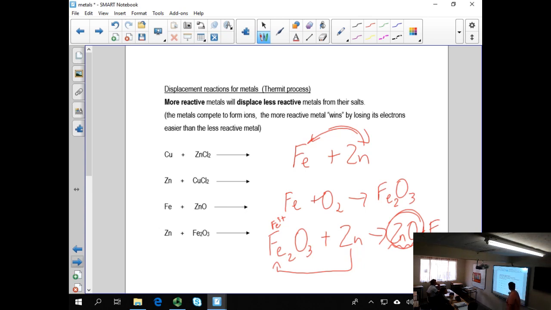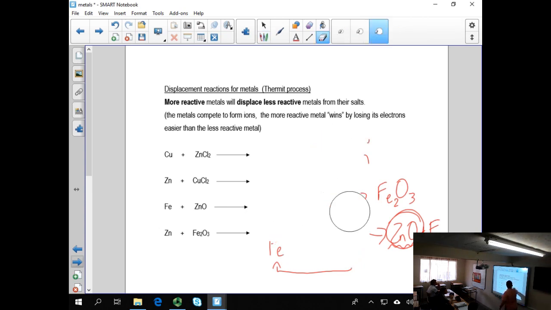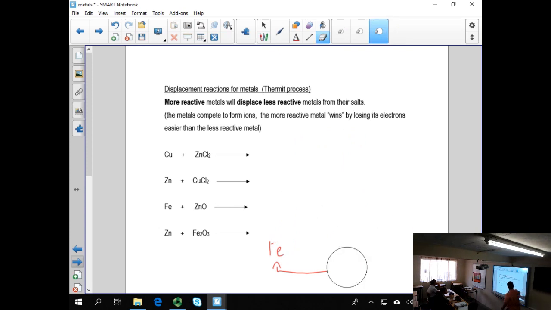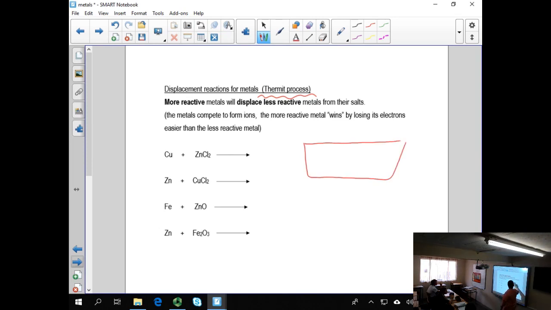Now this displacement reaction is commonly known as the thermit process, or we refer to it as sacrificial metal protection. Another good example is out in the Walvis Bay Harbour, the ships are made from which metal?